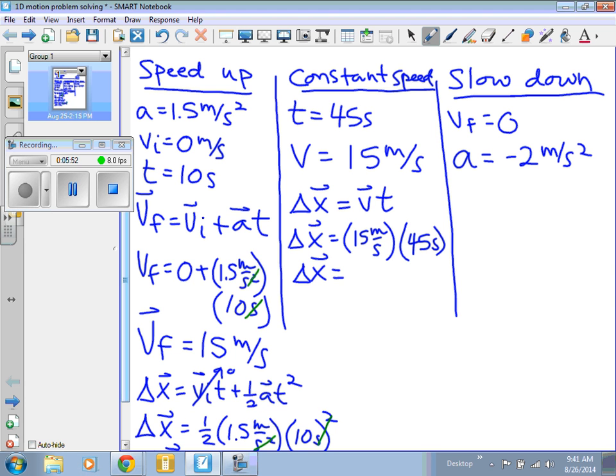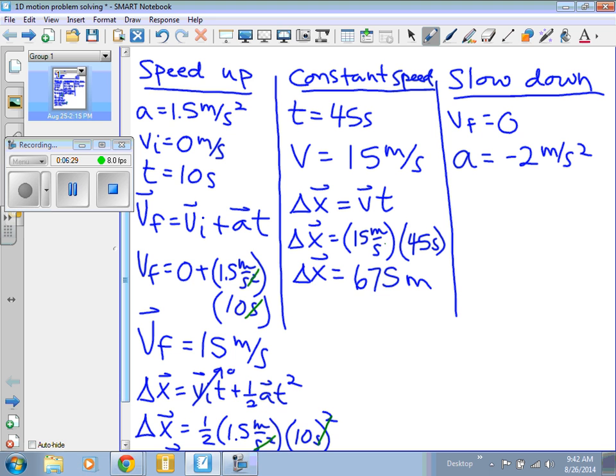We have meters per second times seconds, so the seconds cancel out, and we are left with meters. And then we just calculate pretty easily there, 15 times 45, and we get 600, sorry, my calculator's not working. 675, which I should have done in my head, meters.